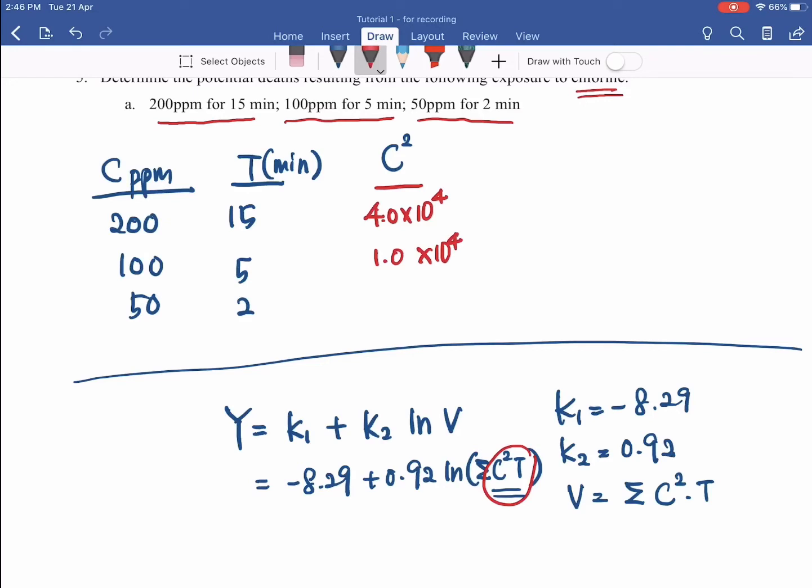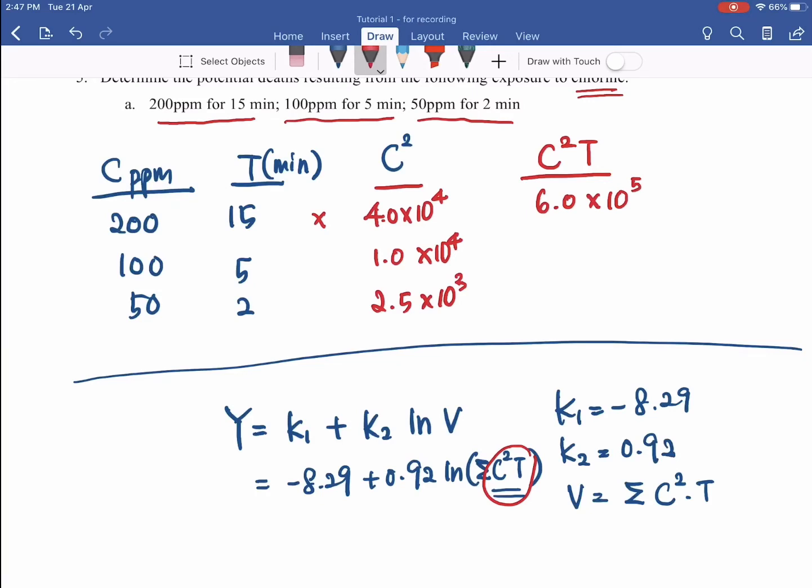And then 50 to the power of 2, you will have 2.5 times 10 to the power of 3, because 50 times 50 is 2500. Now we have C squared T, so this one times this one, you get something like 6.0 times 10 to the power of 5.